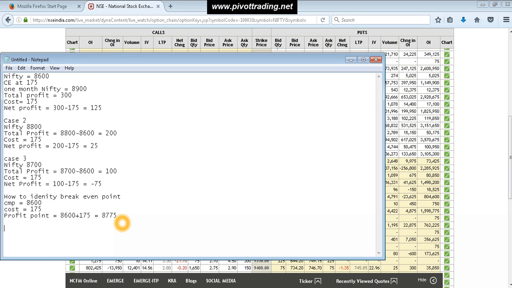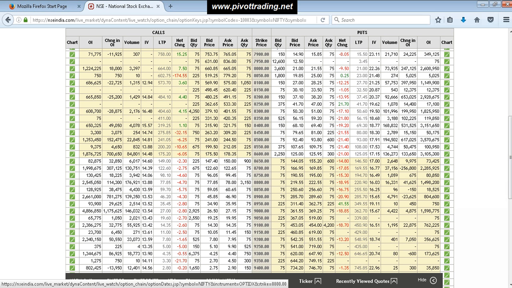In that case, how can you make a benefit? You can find someone who is bullish about Nifty and ask him to pay you the premium. You will tell him, buy the 8600 call from me, I will give you the 8600 call for 175 rupees. Because as per your analysis, whatever premium you get is your profit, and you don't see Nifty going above 8600.